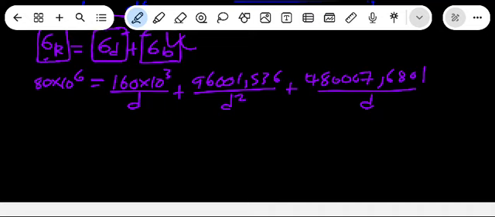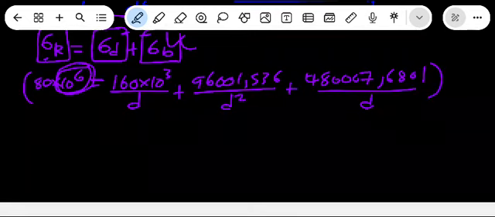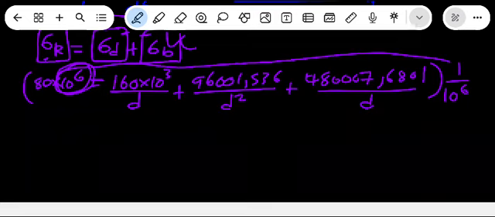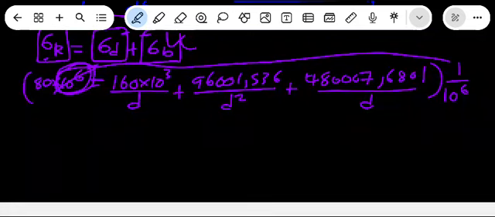So how can you go about manipulating this? Okay, I will use my math. I will multiply all of these. I will divide by this number here times 10 to the power of 3. It's the same as 1 over 10 raised to the power of 6, everything. So if I multiply this here, this and that will cancel. Then I will multiply here. Here we're left with d.